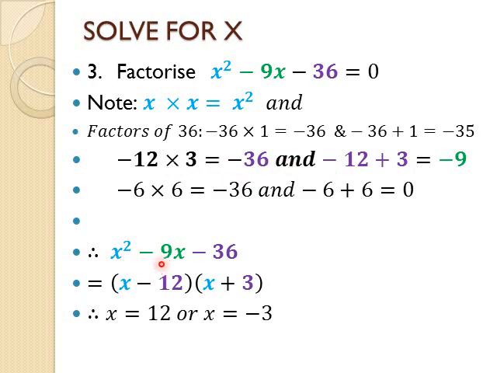So factorize x squared minus 9x minus 36. X squared is x times x. There, as you can see, I have minus 12 plus 3, because minus 12x plus 3x would give me minus 9x. Therefore x equal 12 or x equal minus 3. That's revision from what you've done in grade 10. Right, next problem.